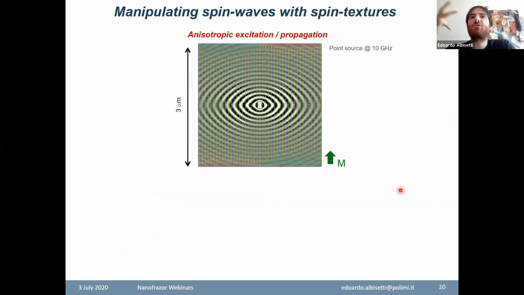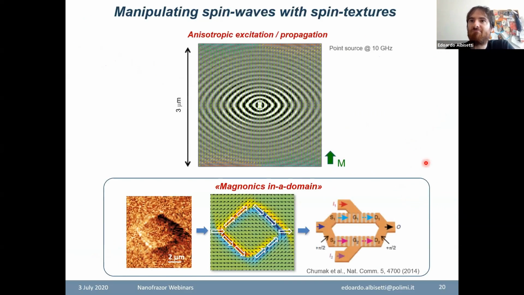And now comes why we can actually do something about spin waves with tam-SPL. This is because one of the rich phenomenology parts that I told you before is that spin waves are highly anisotropic with respect to the direction of the magnetization where they travel. So, for example, this is a striking example.